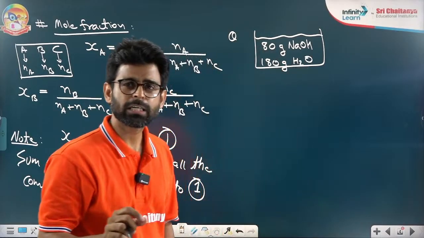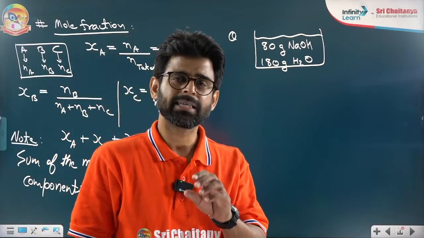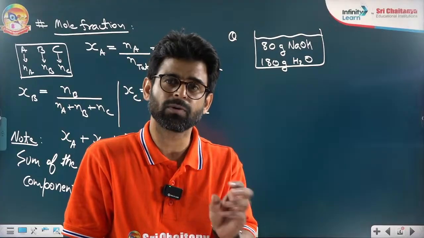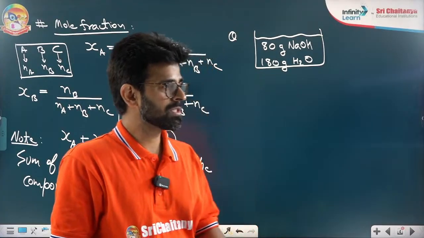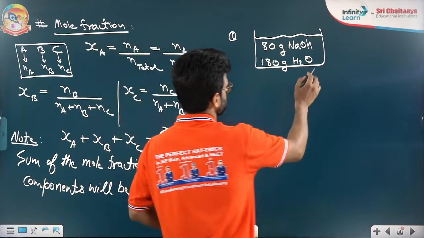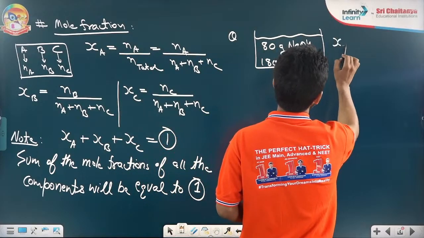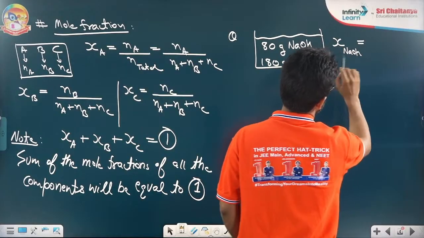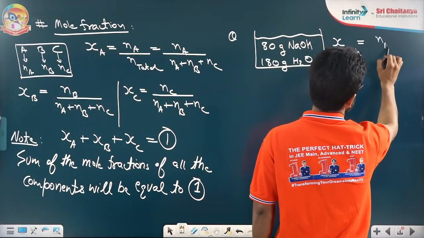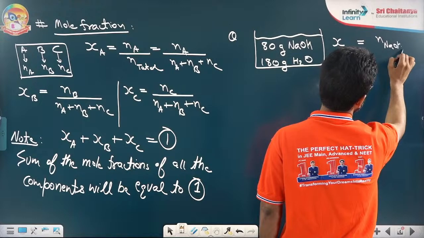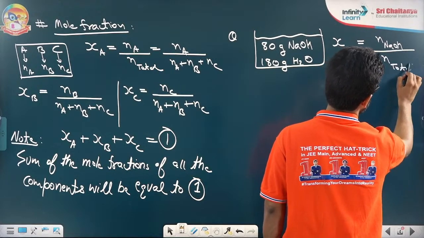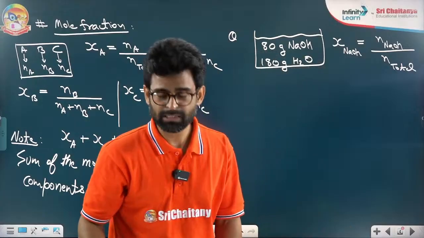In this solution, there are 2 parts. First part is solute, that is 80 gram of NaOH, and second part is 180 gram of water. So my question is to find the mole fraction of NaOH. Can you find? It means moles of NaOH divided by total moles, right? Total moles means moles of NaOH plus moles of water, right?